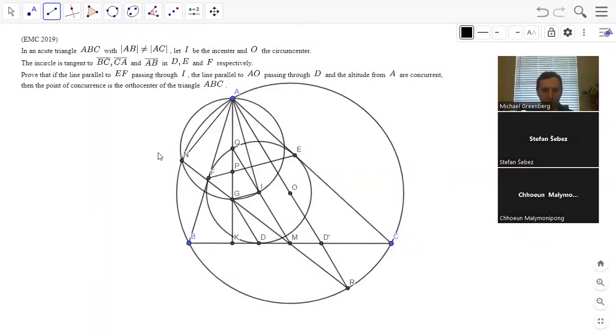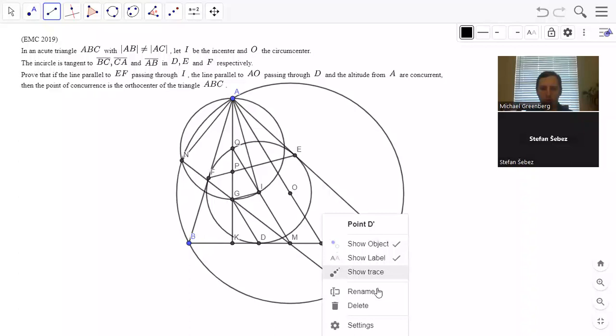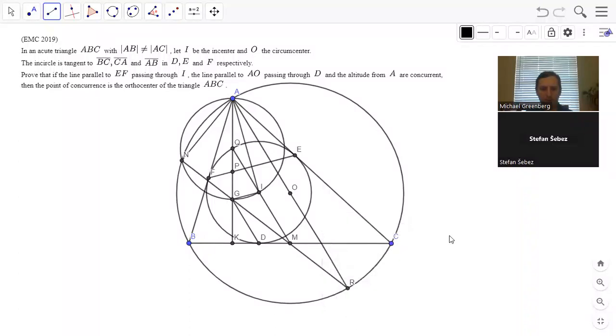And if that's a right angle, then this is a right angle, then N, G, and R are collinear. So basically we need to show the line NGR passes through M. We don't really need B prime if we don't want. Yeah, if we can show that N, G, and M are collinear, that would solve it.